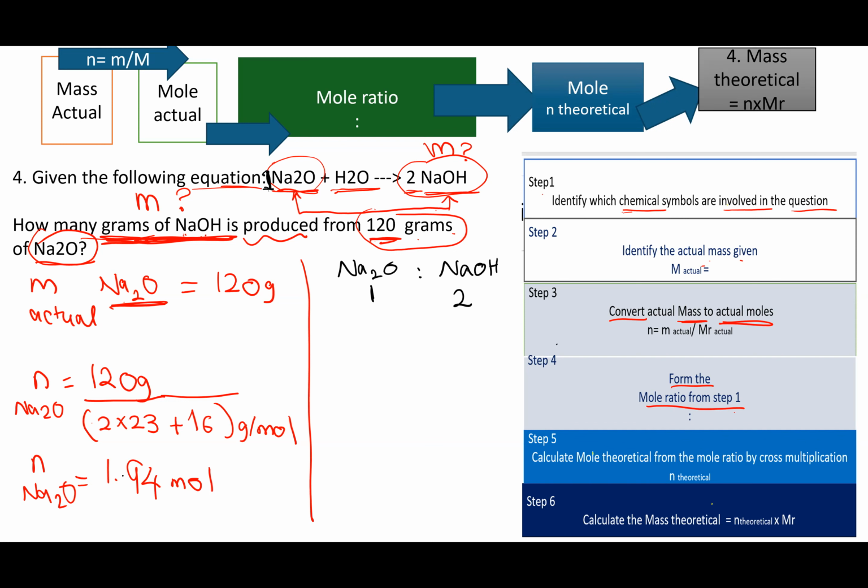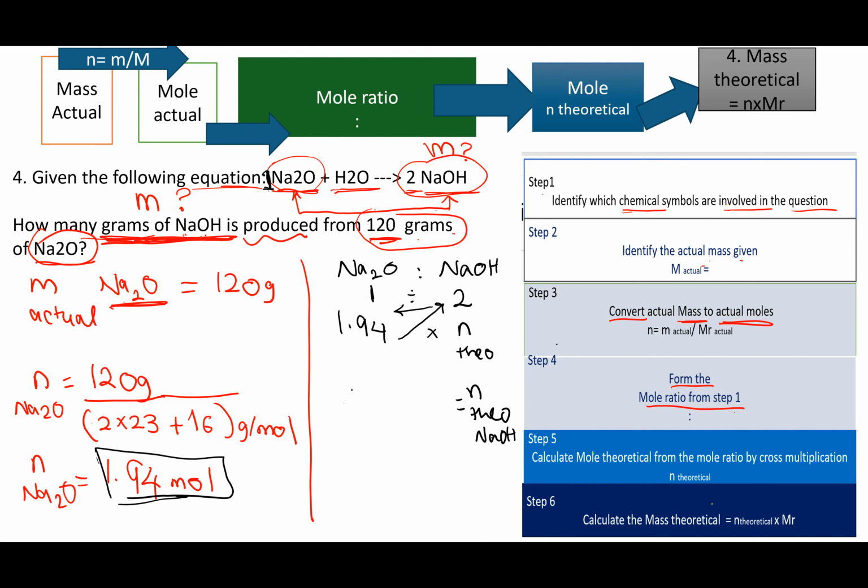But I have my actual moles from that step over here. So I'm going to say 1.94, and that is going to be n. And anything I calculate is going to be a theoretical value. And that basically, n theoretical of sodium hydroxide is going to be equal to 1.94 times 2 divided by 1.